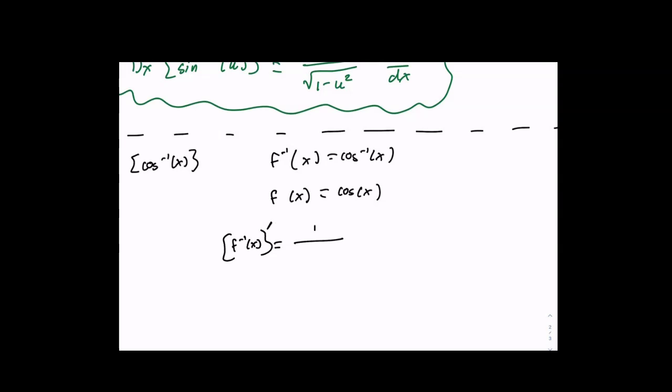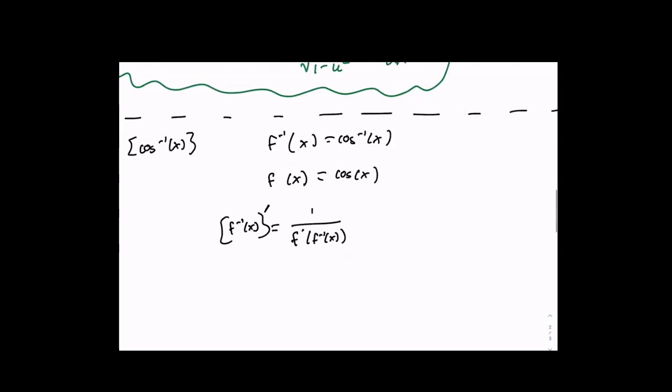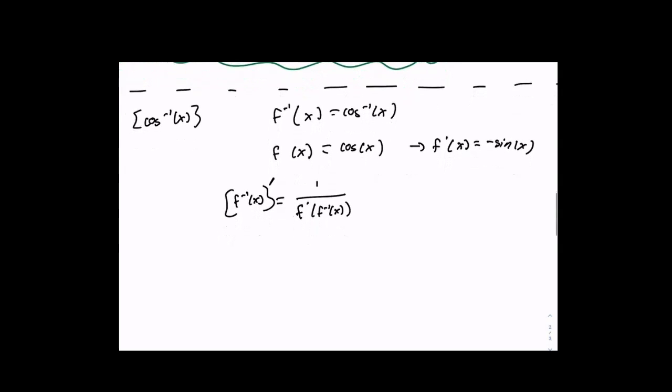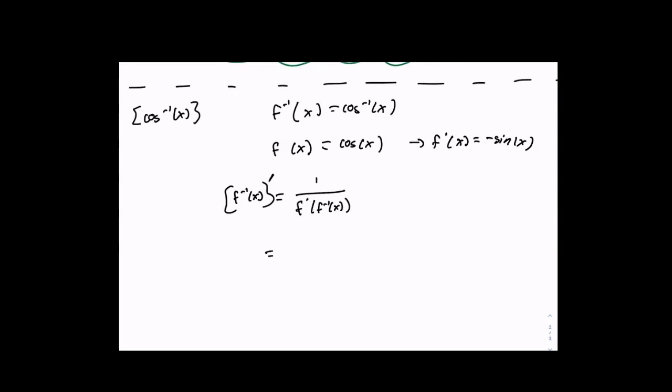Then the derivative of the inverse is 1 over f prime of the inverse of x. While f prime, the derivative of cosine, is negative sine of x. So then that means that this is equal to 1 over negative sine of the inverse cosine of x.